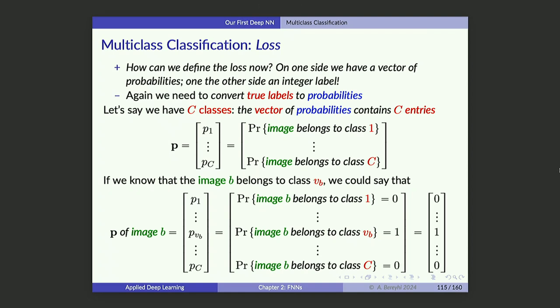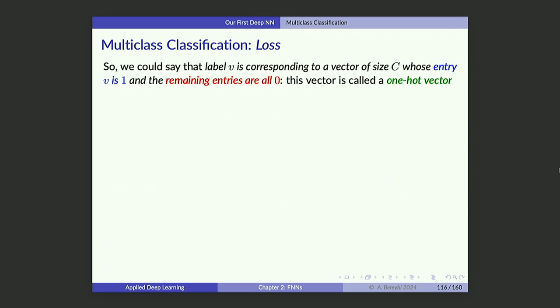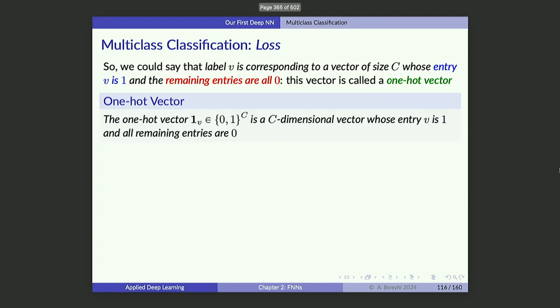If you see V as your class, your vector of probabilities is a vector of dimension C whose entry V is 1. Anything else is 0. Do you know what we call this vector? The one-hot vector. And if you know that your label is V, then the corresponding probability vector is the one-hot vector at index V. I'm going to show it with this, 1 indexed by V.